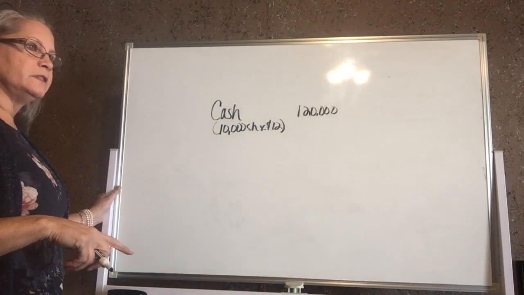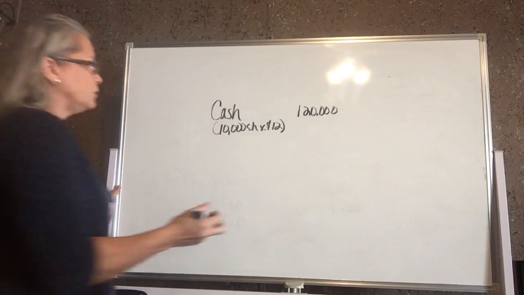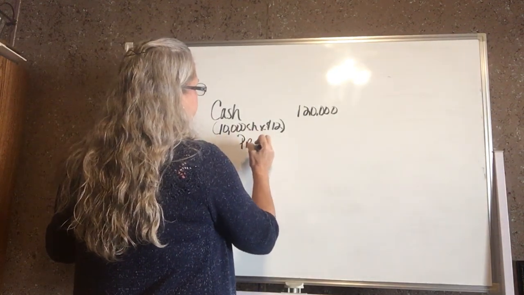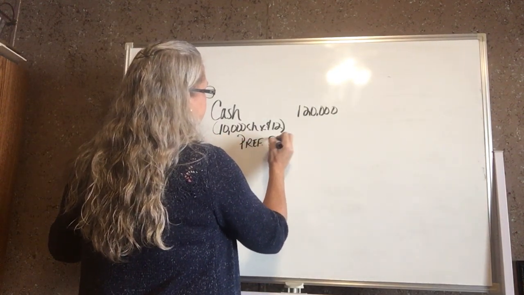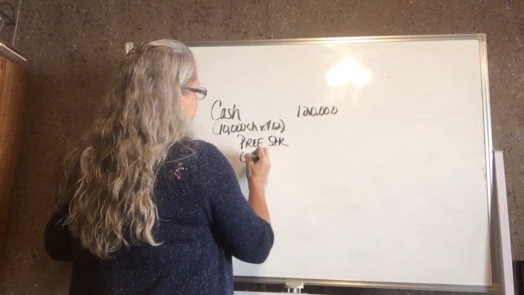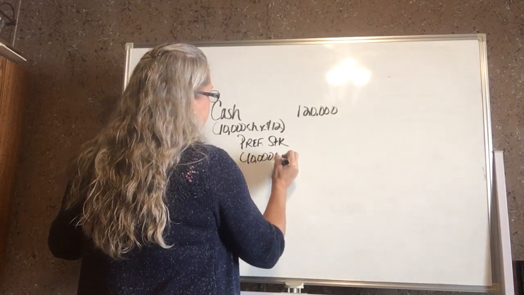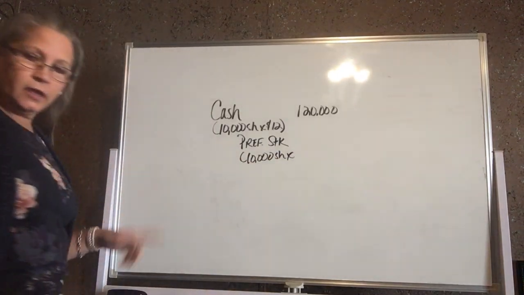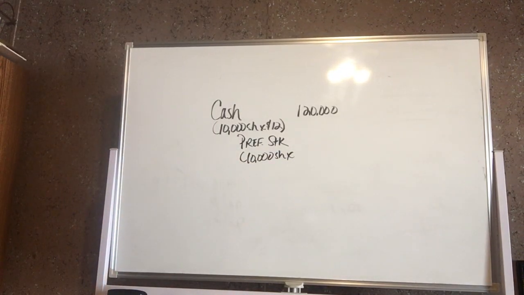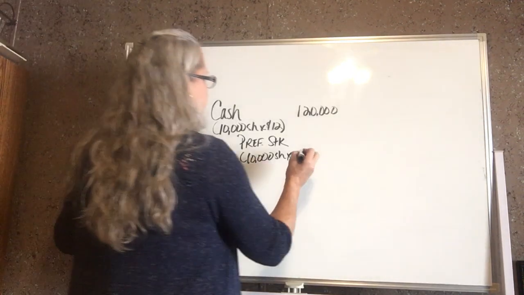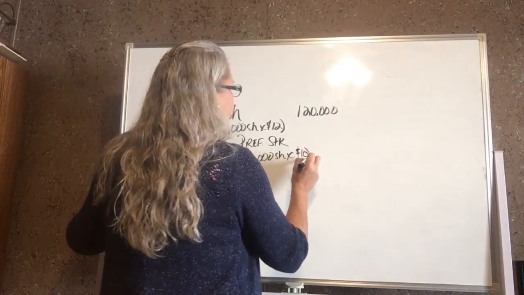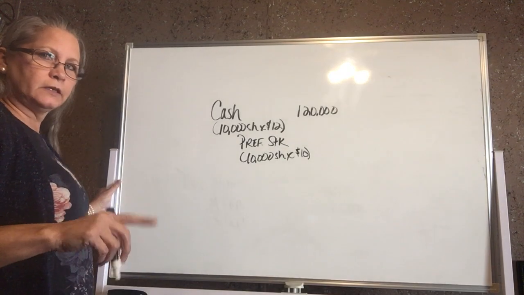Now, what do we give up? This time it's not common stock, but it's preferred stock. So we call it preferred stock. Still 10,000 shares. But this time it has a legal capital of 10. Par value. Again, that would be stated in the charter.